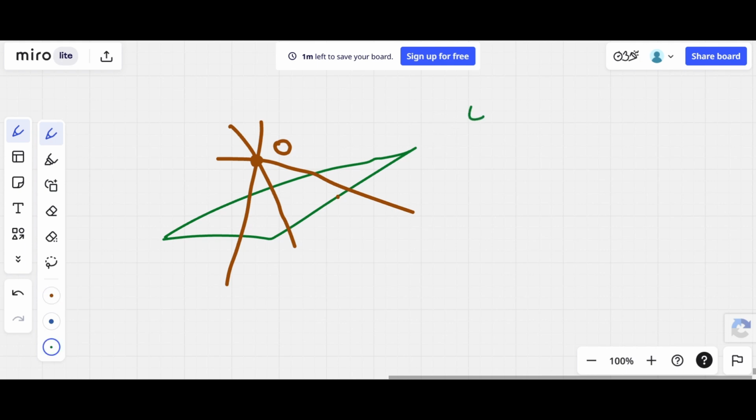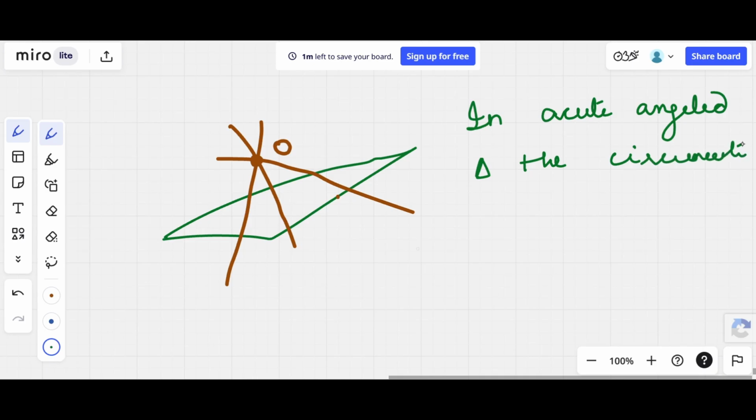What is it? In an obtuse angled triangle, the circumcenter lies outside. Previous one was acute.